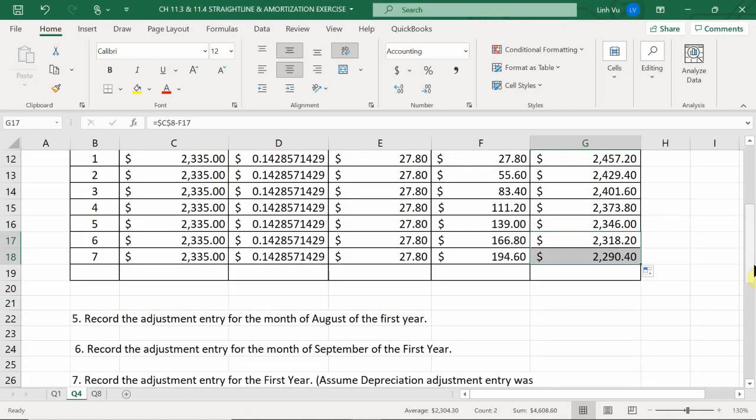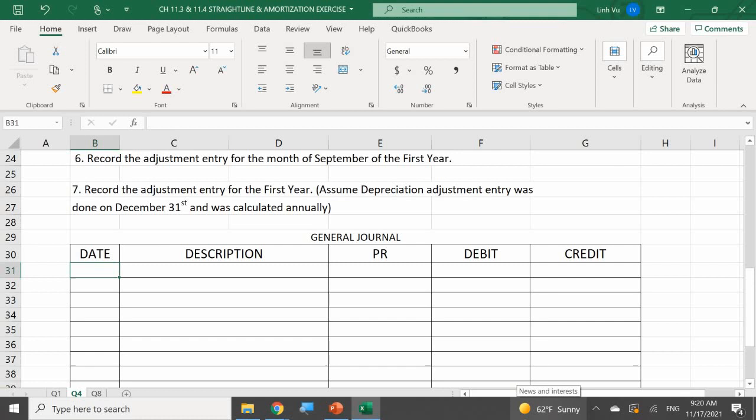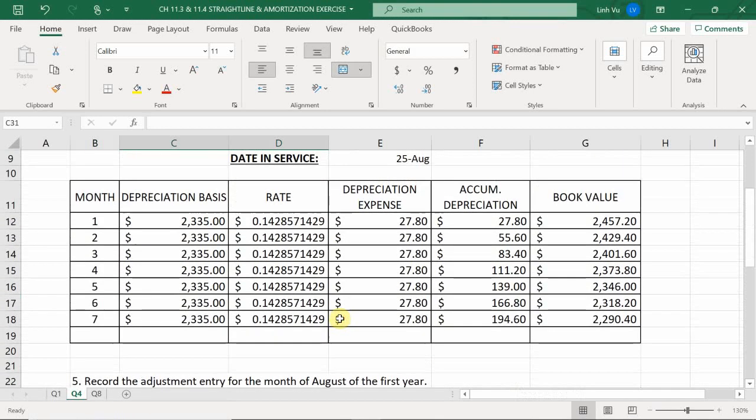Number 5, okay, record the adjustment entry for the month of August for the first year. So how should I record the depreciation as of August for the first year? So you would debit depreciation expense for 2780 and then accumulated depreciation for 2780 on the credit.